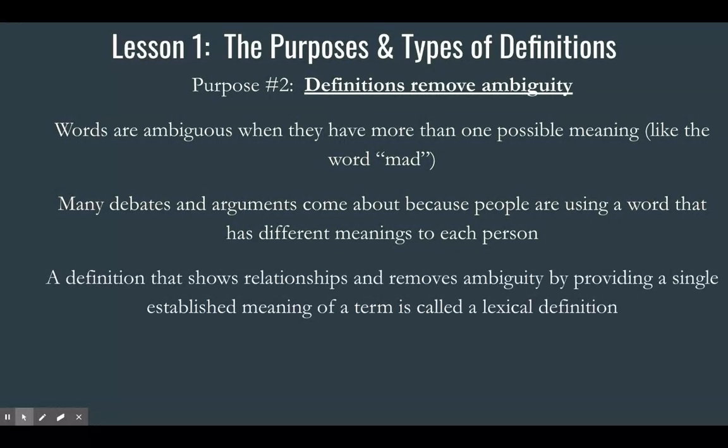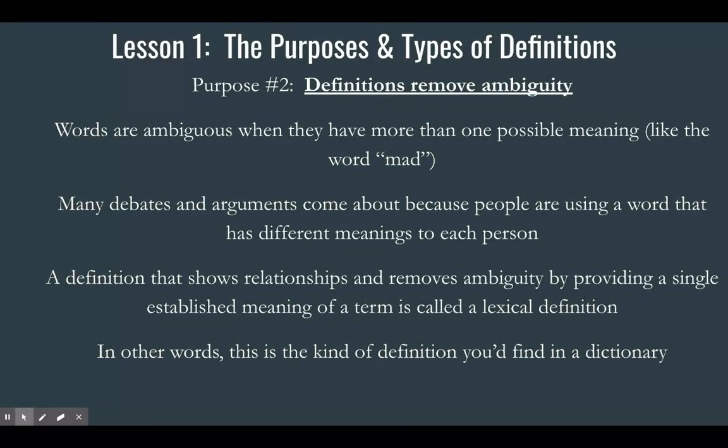A definition that shows relationships and removes ambiguity by giving us a single meaning of a term is called a lexical definition. So we said there's 5 types of definitions. There's your first one, a lexical definition. So think dictionary. The dictionary definition is kind of like the end-all authority. If you're arguing about what a word means and you open up the dictionary, that's what that word means.